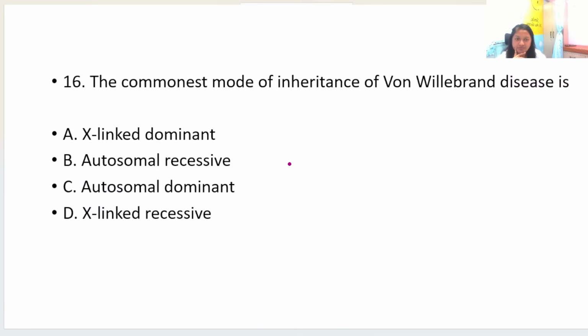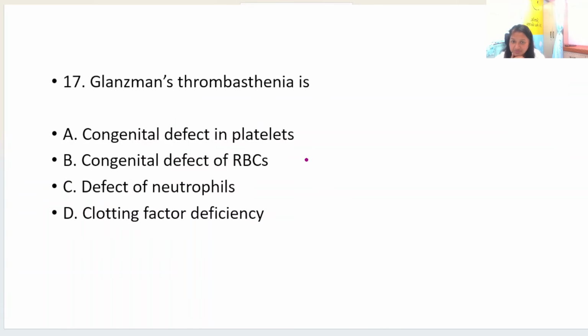The commonest mode of inheritance of von Willebrand disease is autosomal dominant. This is again a one-liner. They have asked commonest mode, although it can be inherited autosomal recessive also, but the commonest mode of inheritance is autosomal dominant. Glanzmann thrombasthenia is what?